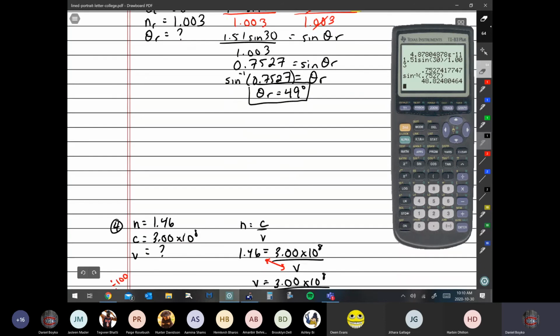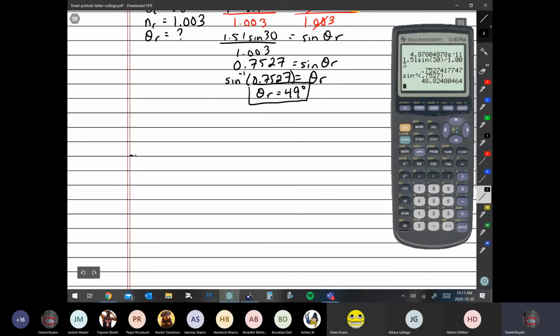Now I can draw my accurate diagram that they were asking for. So here is the boundary between glass and air, right? Glass was my incident medium, air was my refractive medium.